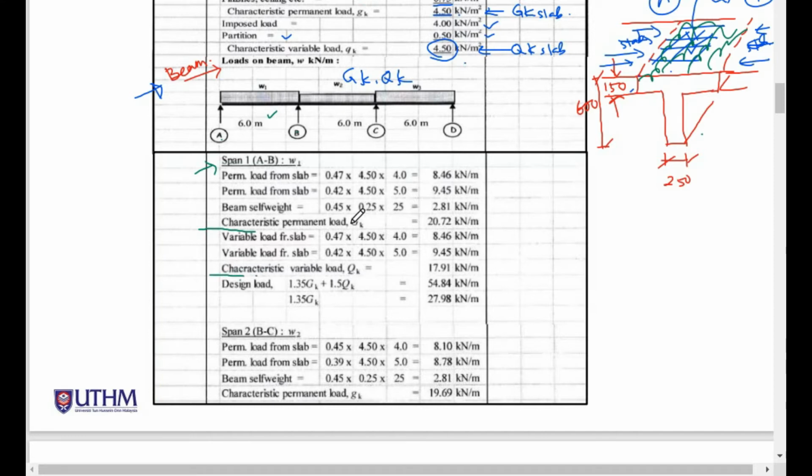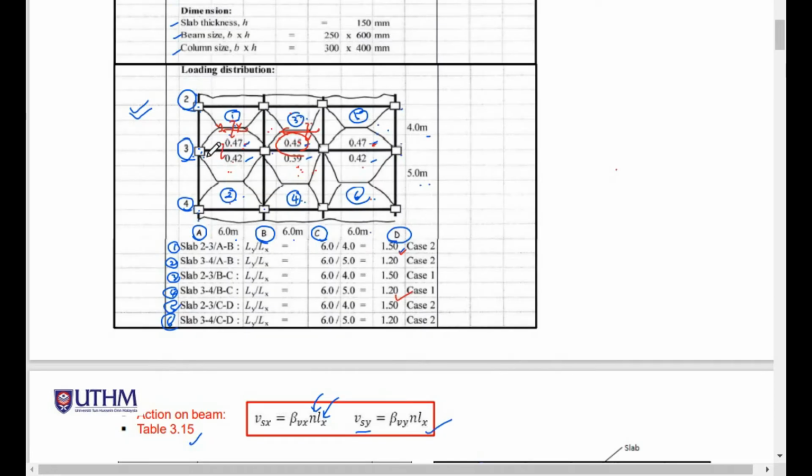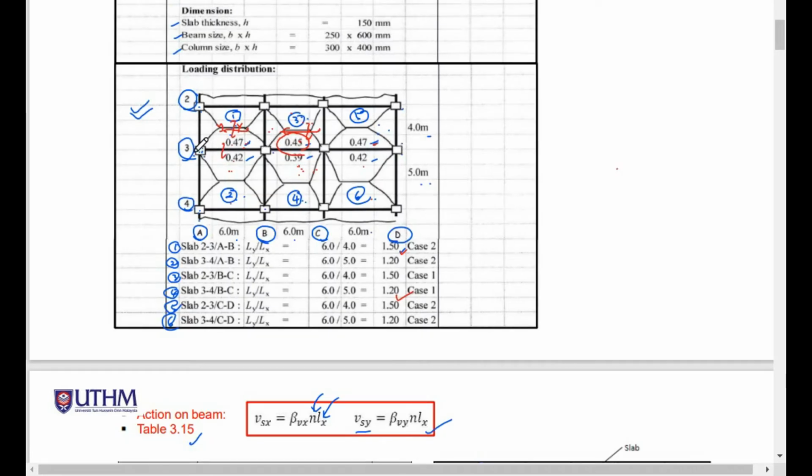So first you need to determine the total GK. Permanent load from slab 1 and slab 2. Why are there 2 slabs? Because if you look here, this is span AB. Span AB receives load from this 0.47 and 0.42, slab number 1 and slab number 2.